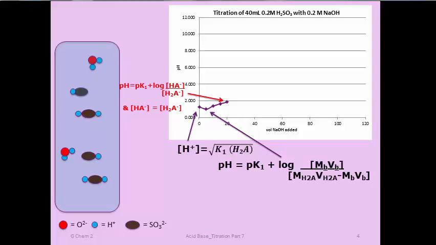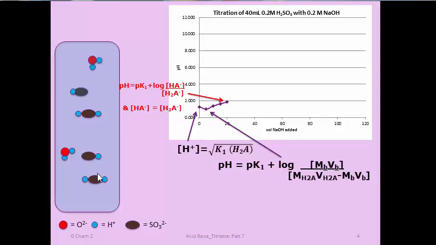Anytime in this titration, if you needed to find the pH, it's still back to the Henderson-Hasselbalch equation. So at any time you can use the Henderson-Hasselbalch equation to solve the pH. And once again, don't get confused by the fact that it's a diprotic acid.